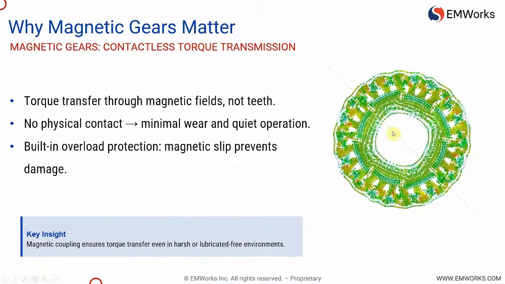Since the two rotors are separated from each other, if we have any fault on the load side, it is not going to be transmitted to the prime mover or the electric motor. So this magnetic slip prevents physical damage to the motor shaft.